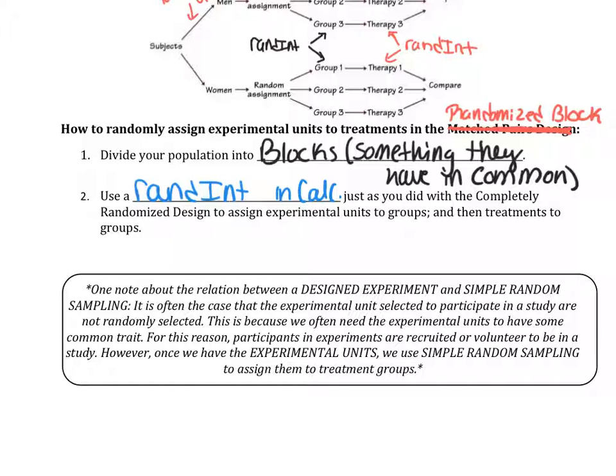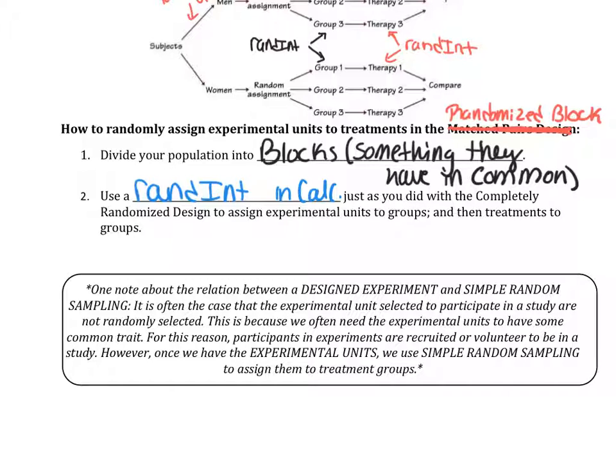Okay, so down here I kind of stressed this yesterday, but one note about the relation between a designed experiment and random sampling. It's often the case that experimental units selected to participate in a study are not randomly selected, because we often need the experimental units to have some common traits.